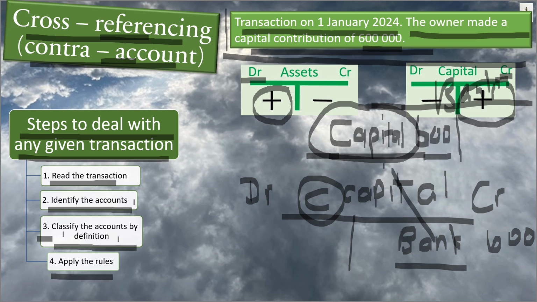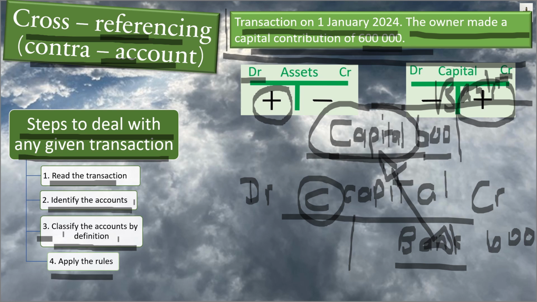Now that gives us a cross-reference between the two accounts, because bank was debited and it tells us in details of bank which account was credited. So there's a cross-reference between bank and capital.